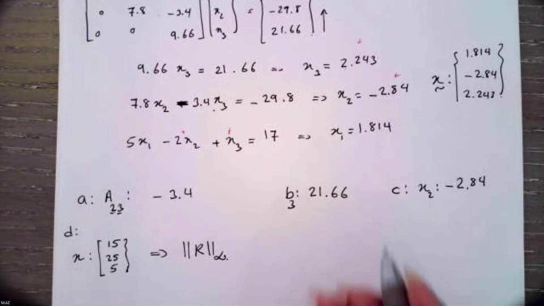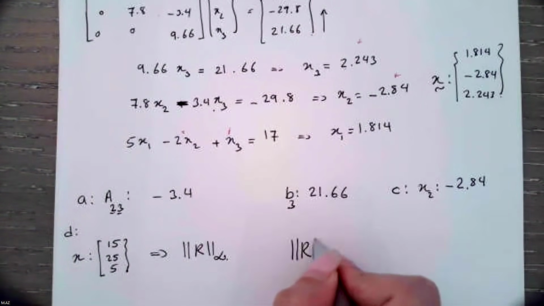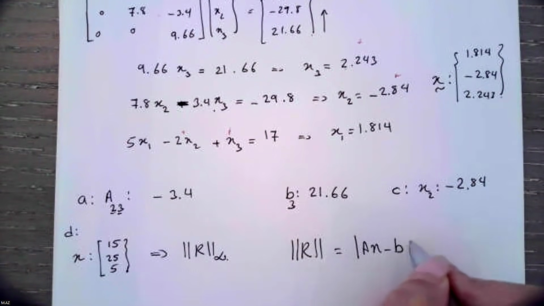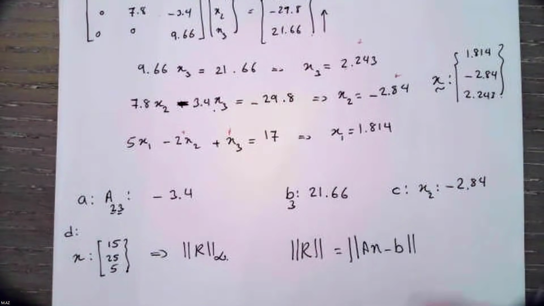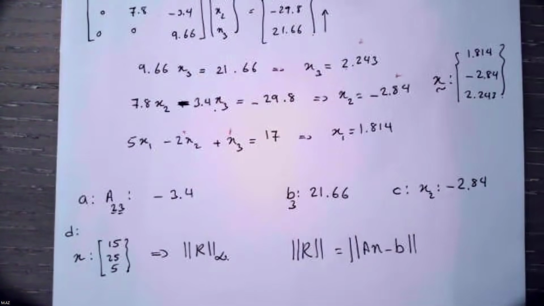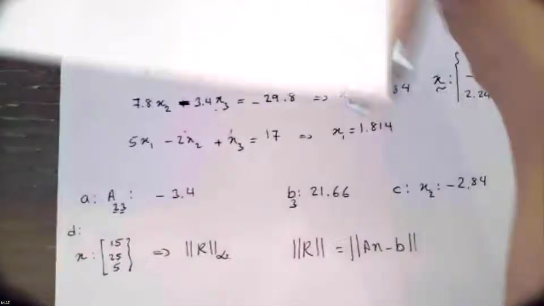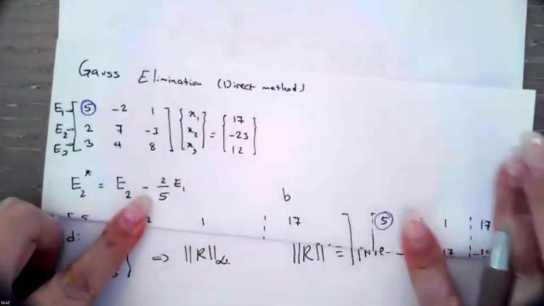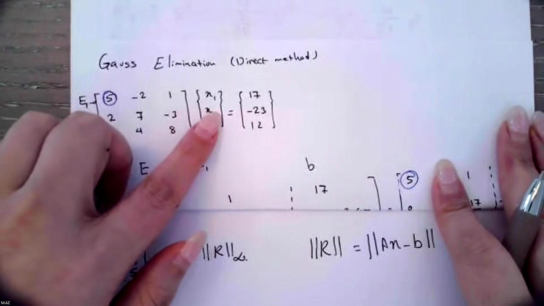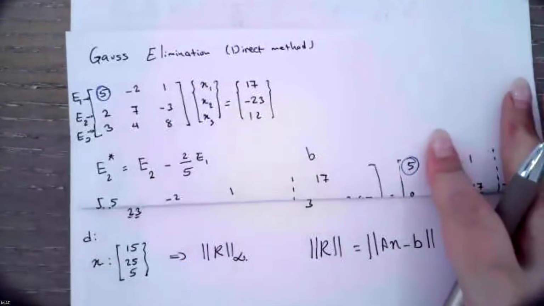How can we find the residual? It is Ax minus b. Now we have to plug into the main equation, our original equation. This is the A, this is the x, and this is the b.